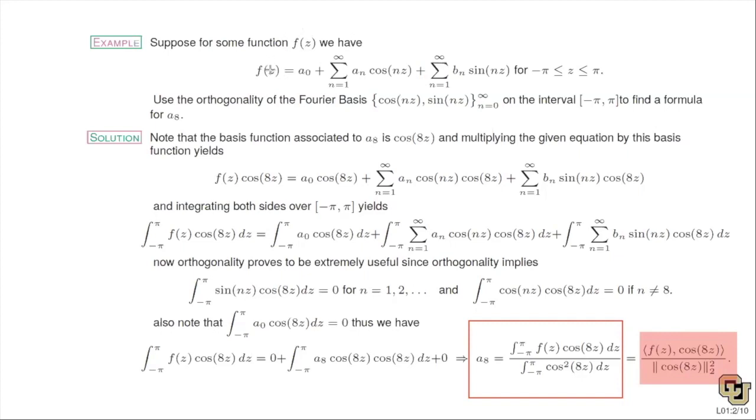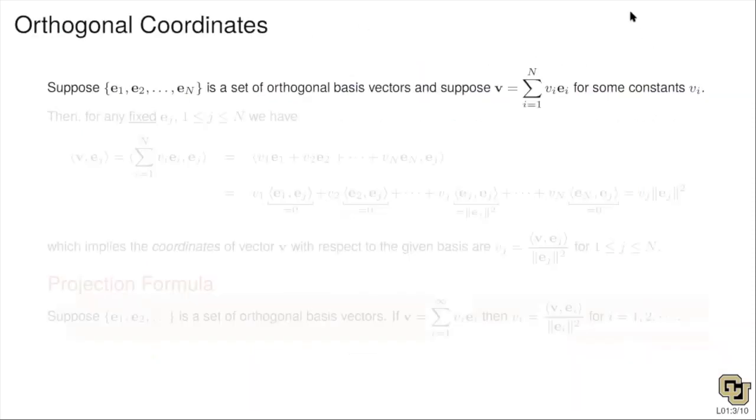Maybe Fourier would have written it the other way, but in modern mathematics we want to write it in this style. What we want to recognize is that this formula is a projection formula, and this technique can be used anytime you have an orthogonal basis.